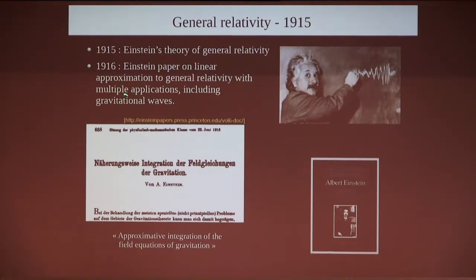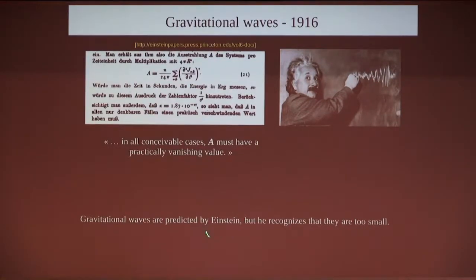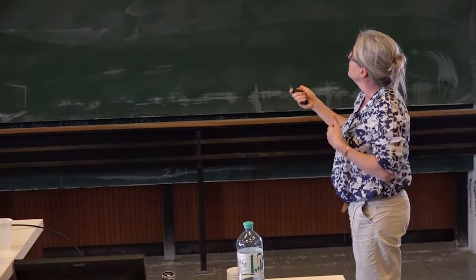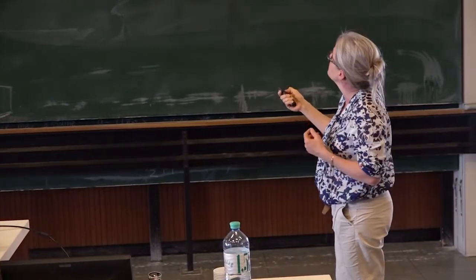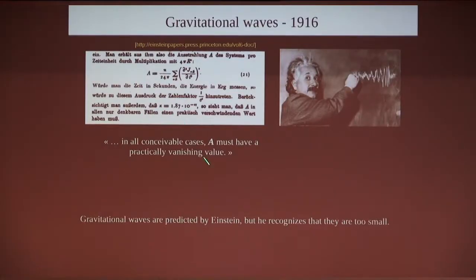He mentioned gravitational waves in this paper, which deals with the integration of the equations of gravitation. What he's doing in this paper is trying to estimate the amount of energy and the amplitude of the wave.